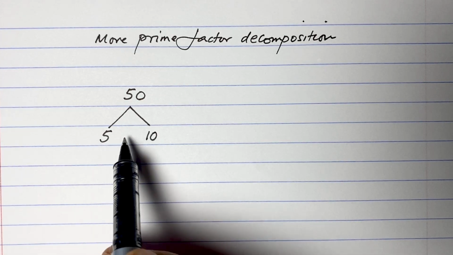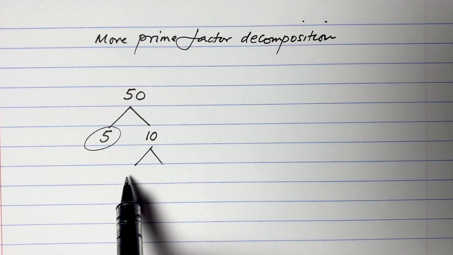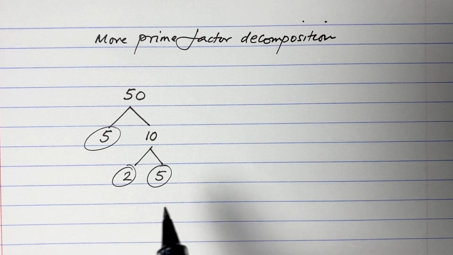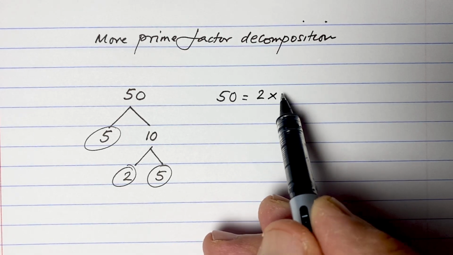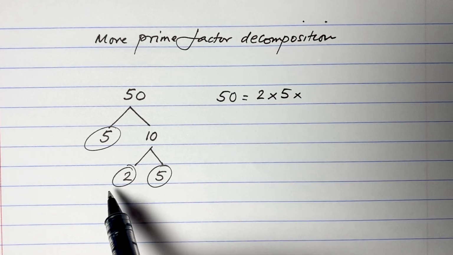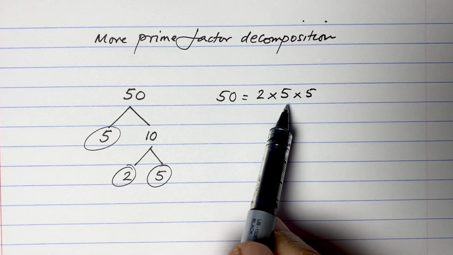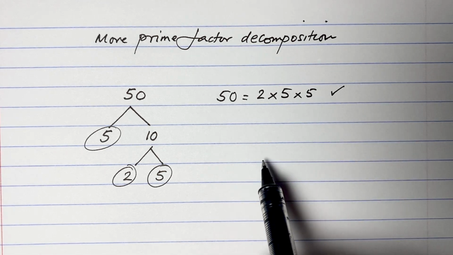Which is a prime number? 5. So a circle. But 10 can be written as 2 times 5. Both 2 and 5 are prime numbers. So 50 can be written, in order, as 2 and then 5 times 5. And check. 2 times 5, 10. 10 times 5, 50.